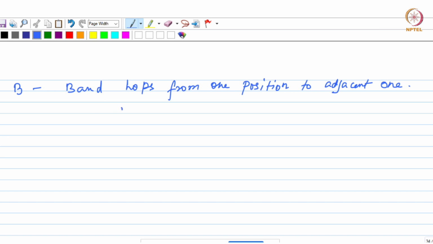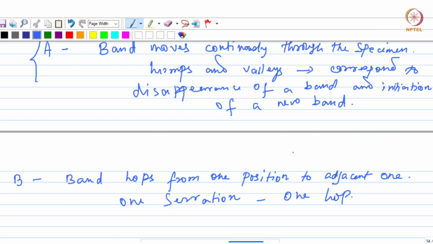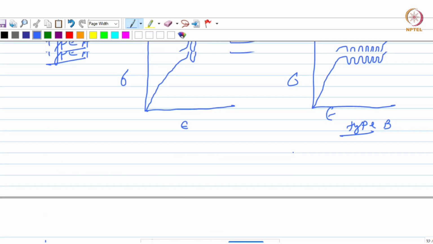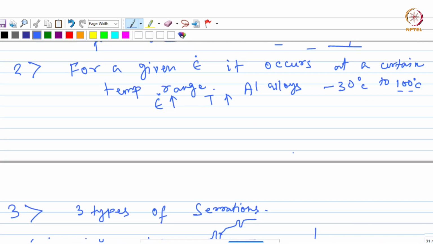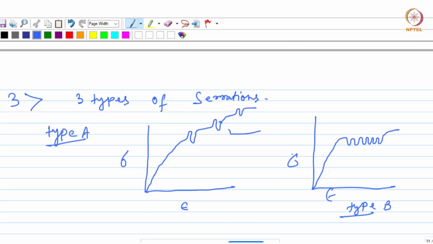And here one serration corresponds to one hop. Right, so you can see here distinct hops, distinct individual serrations, right, one after the other. So each of these correspond to one hop for the band.